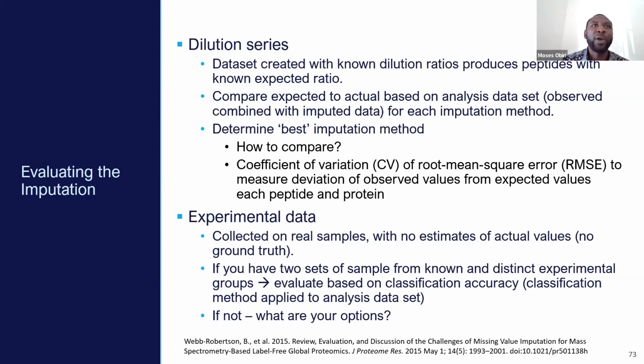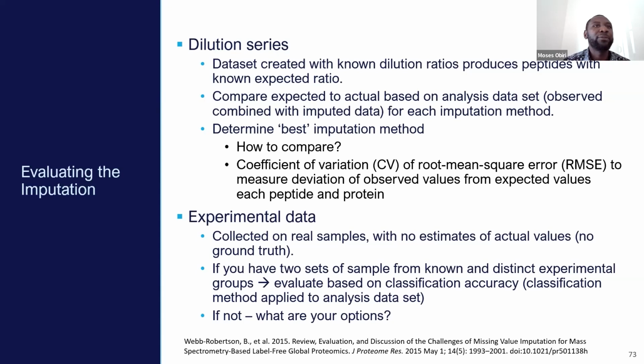For example, if you have a data set that is created with some known dilution ratios, then you can compare the expected ratio to your actual ratio using things like the root mean square error, which calculates the mean square error between your predicted data and your actual data set.